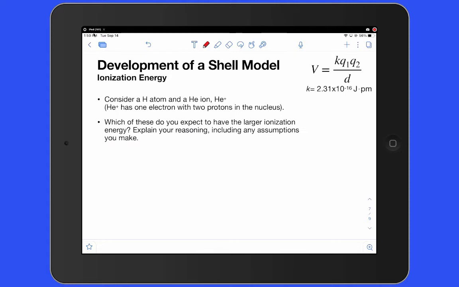I would strongly encourage you to use that equation to help with that explanation.